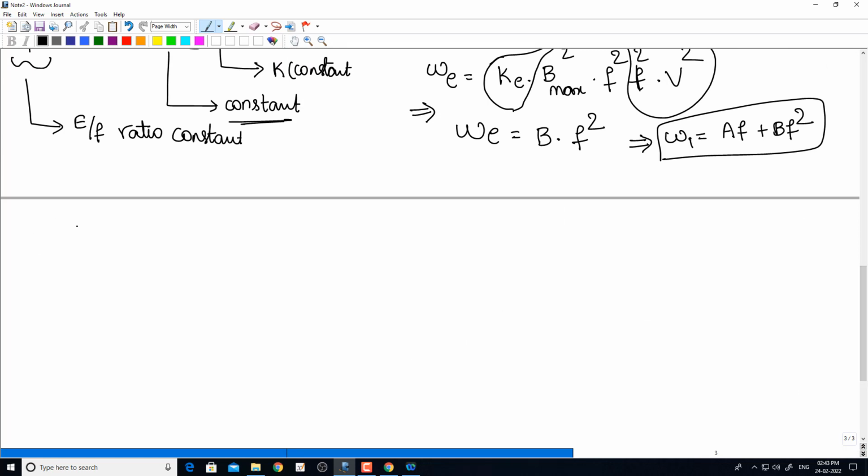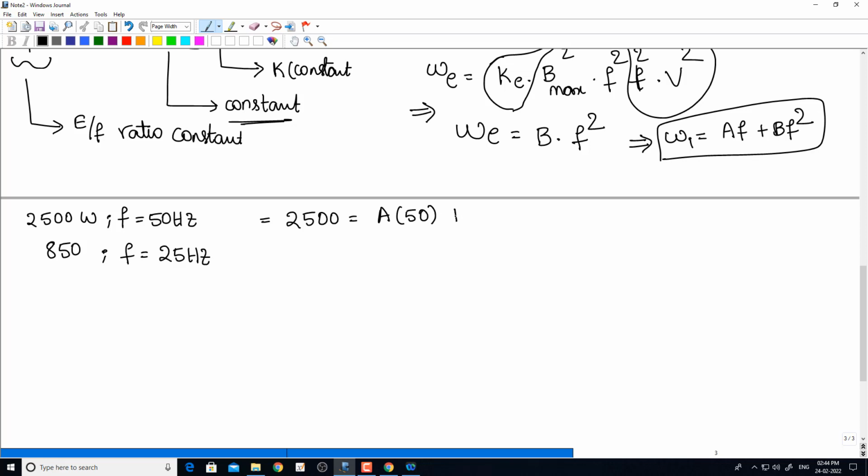So, let us solve the problem using the above information. Wi, first case, 2500 watts at frequency equal to 50 Hz. And in the second case, 850 watts at frequency equal to 25 Hz. So, we can write 2500 is equal to A into 50 plus B into 50 square.